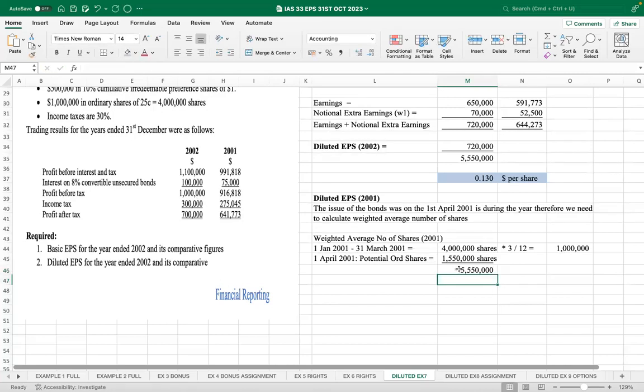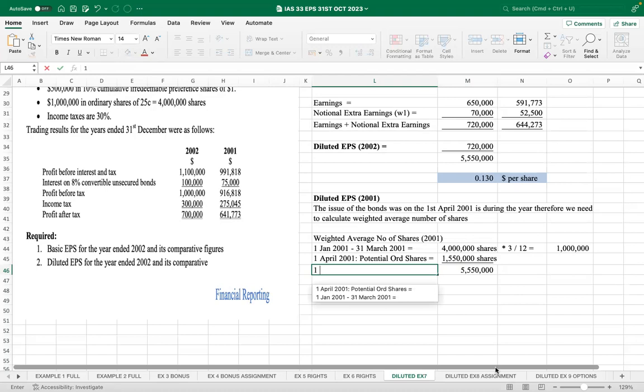So it will be 5,550,000 shares. And these 5,550,000 shares will run from 1st April 2001 to 31st December 2001.